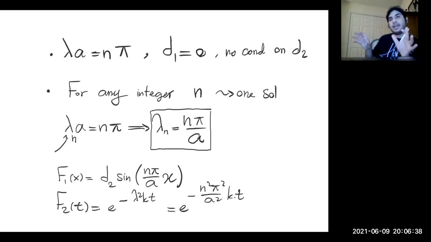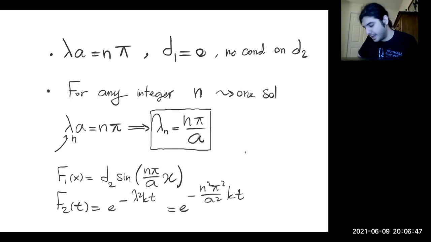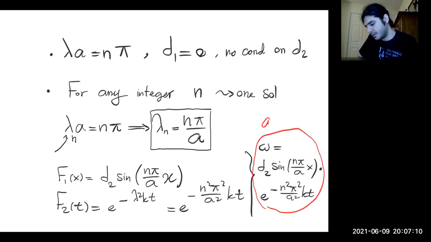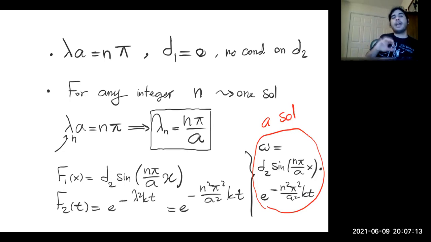So for any n, the product of these two is a solution to our equation. So for any n, w being equal to a constant, which we still show with D2, times sine of n pi over a x, times e to the minus n squared pi squared over a squared kt is a solution for every n. So we have infinitely many solutions for n equal to 1, n equal to 2, n equal to 3, etc.